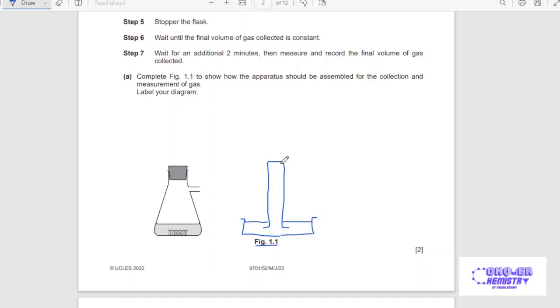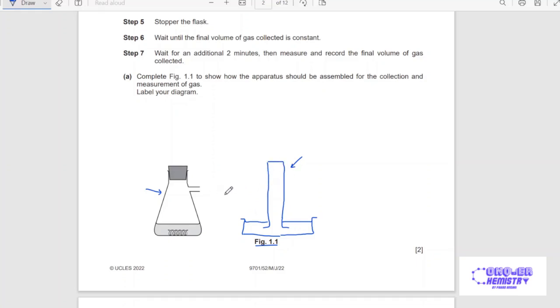By the way, the measuring cylinder will be full of water up to the top over here, and so the pressure of the gas that is produced in this sidearm conical flask is going to push the level of the water down, and so it's going to make space for the gas at the top.